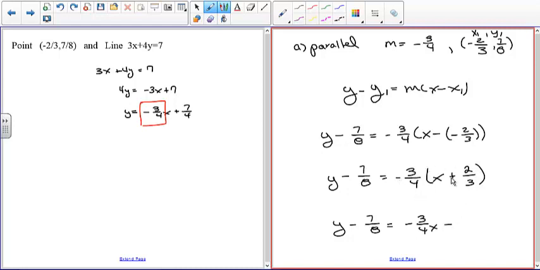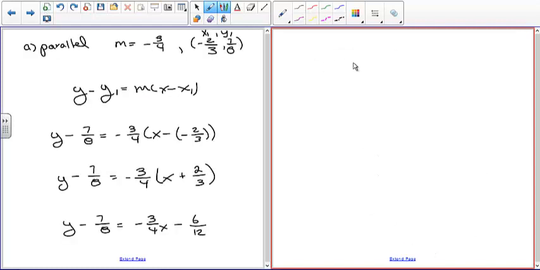The negative sign times the positive sign is negative. 3 times 2 is 6. 4 times 3 is 12. Let's go ahead and simplify that before we move on. So 6 divided by 12 is the same as 1 divided by 2.